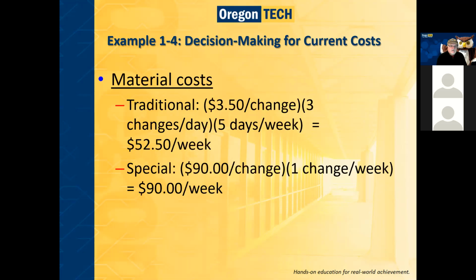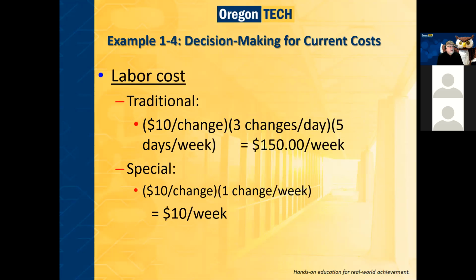But what other costs are we missing? Labor. Bingo! Labor. Well, it takes $10 to change it. We're going to change it 3 times a day, 5 times a week. $150. The new one, they call special, once a week.